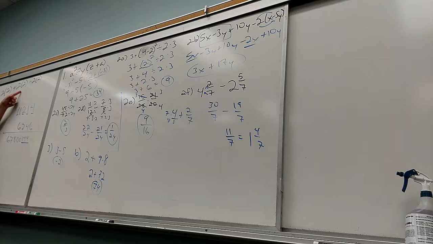Now, anybody get this guy? 2 times 2. 4. Divided by 2. So the big mistake is people do this, which is not what it says at all, right?